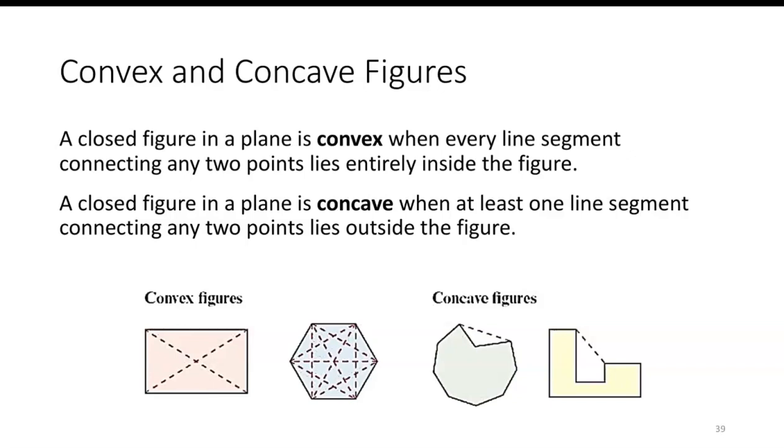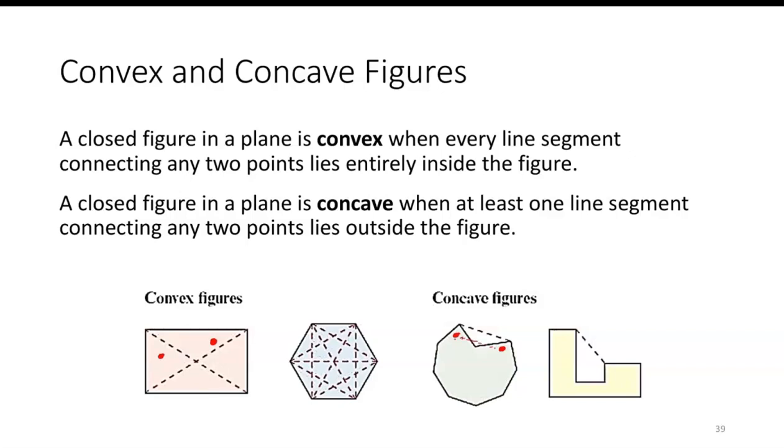So for the example on the far left, no matter where I am or no matter where my friend is, we are always within each other's line of eyesight. A concave figure is one where my friend and I could position ourselves in a place where we can't see each other. So for example, for the first concave one, if we were both in those corners, there's no way that we're in each other's line of eyesight.